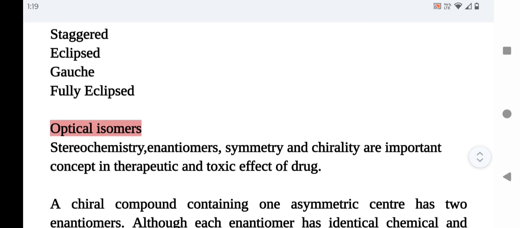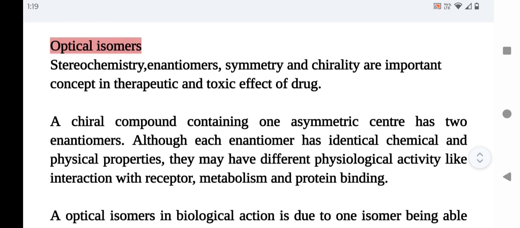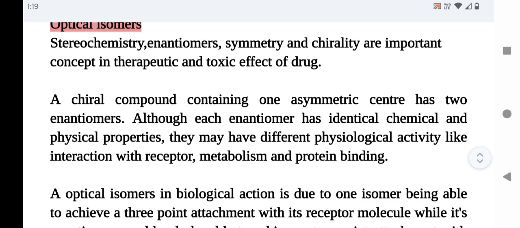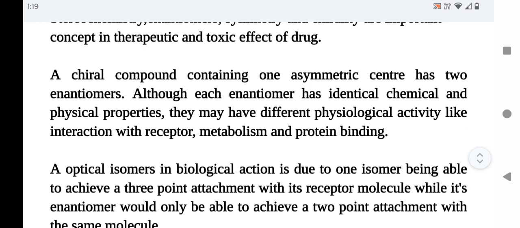Then optical isomers. Stereochemistry, enantiomers, symmetry, and chirality are important concepts in therapeutic and toxic effects of drugs. A chiral compound containing one asymmetric center has two enantiomers, although each enantiomer has identical chemical and physical properties.